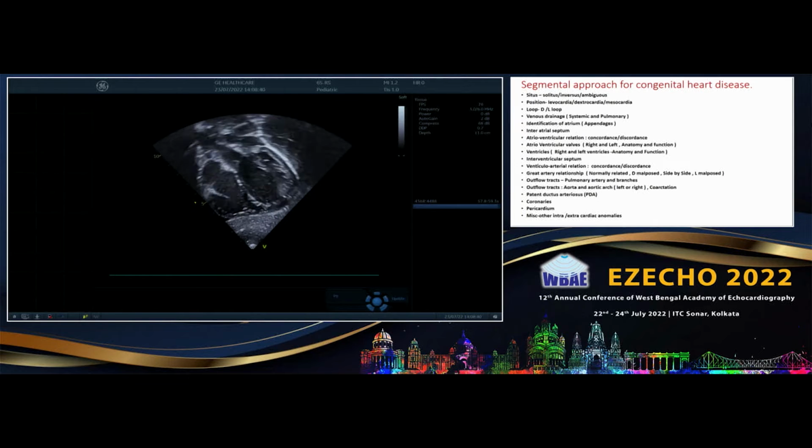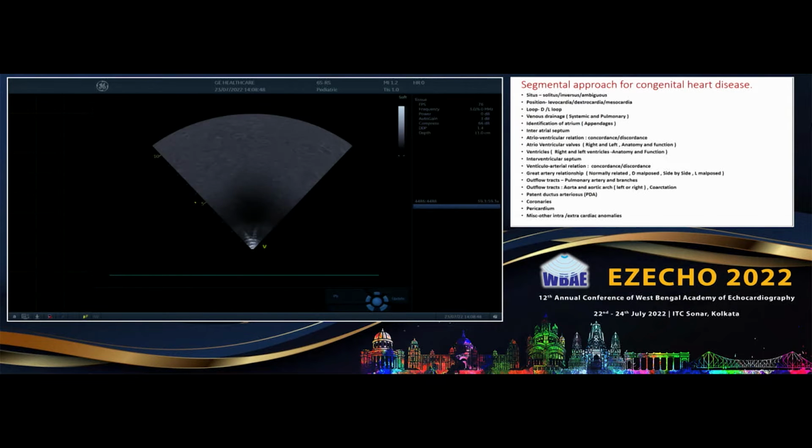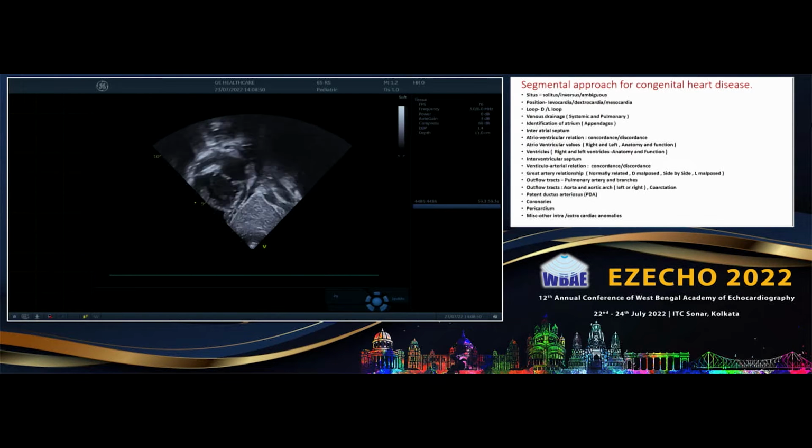Yes, if you can show the short axis, you are showing it in a modified view. Cursor down, a little bit of rotation, a little more sweep.